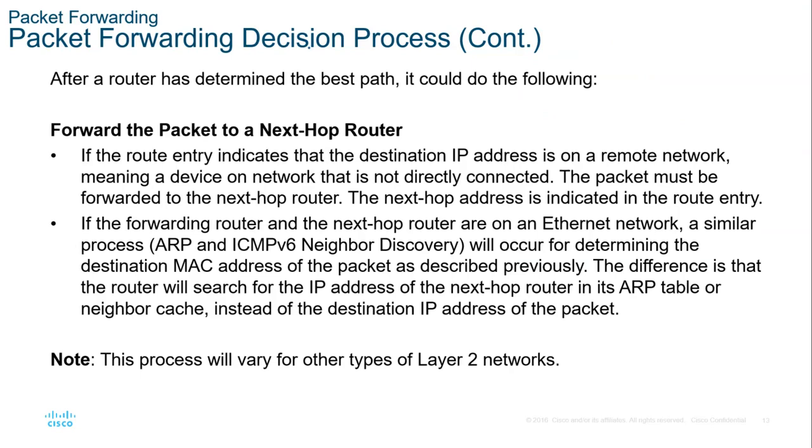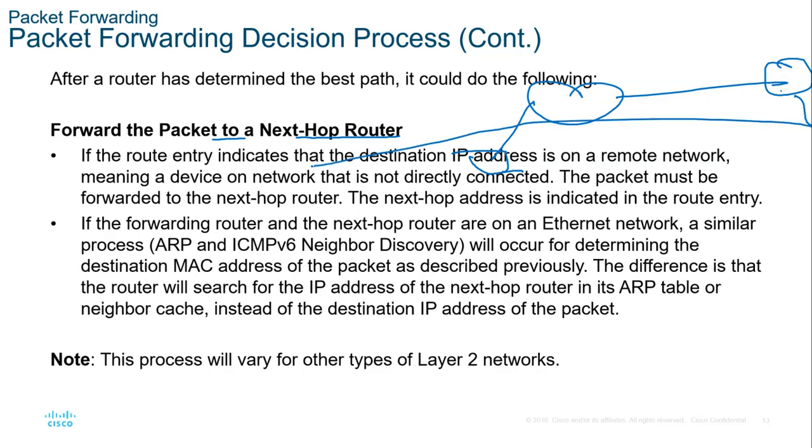The other option, after the router has determined the best path, is to forward the packet onto the next hop. This is the source, and the destination is likely to be on the next hop address. So if the entry indicates that the destination IP address is on a remote network, meaning a device on a network that is not directly connected to this router 1, maybe it's on router 2.